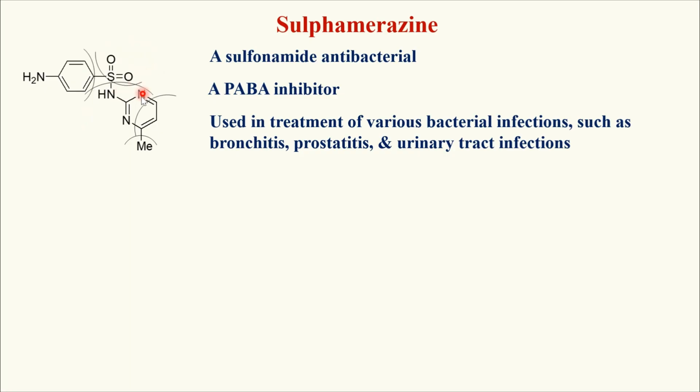I can cut this into small pieces and join all those pieces together to get sulfamerazine. I have to choose a 3 carbon donor and a 1 carbon donor and react to get a 4 carbon donor to construct the pyrimidine ring system.